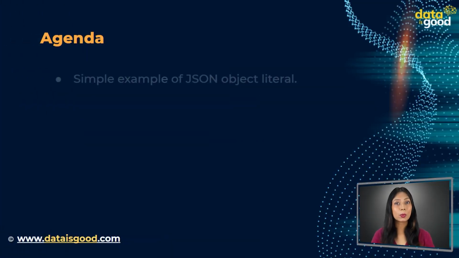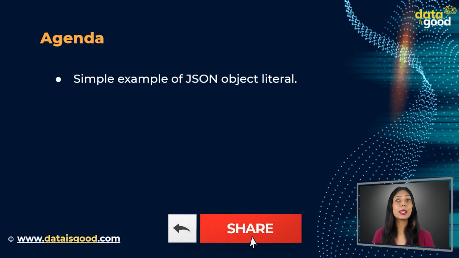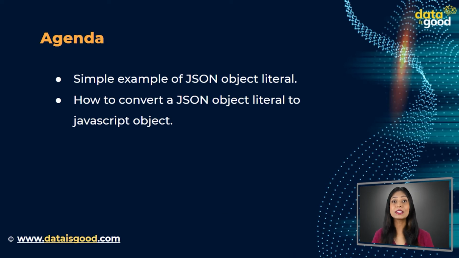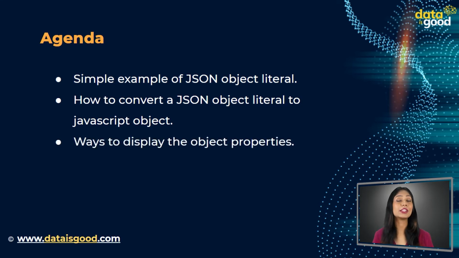We will start off with a simple example of a JSON object literal, and then we will see how to convert a JSON object literal to a JavaScript object, and then ways to display the object properties. At the end, there is an assignment for you all. So without wasting any more time, let us get started.